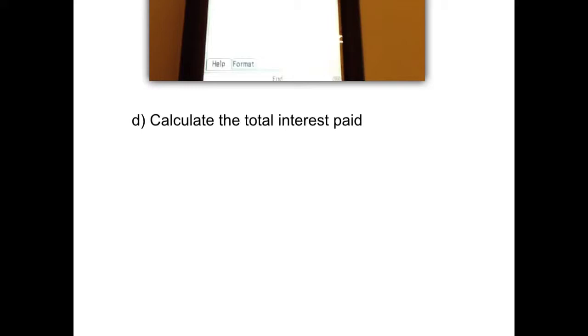To calculate the total interest paid, we find out how much we've paid in total and take away what we borrowed, and the difference is the interest. So the amount that we paid in total, we paid 6 lots of $2,000, plus the final amount, which was $749.77.